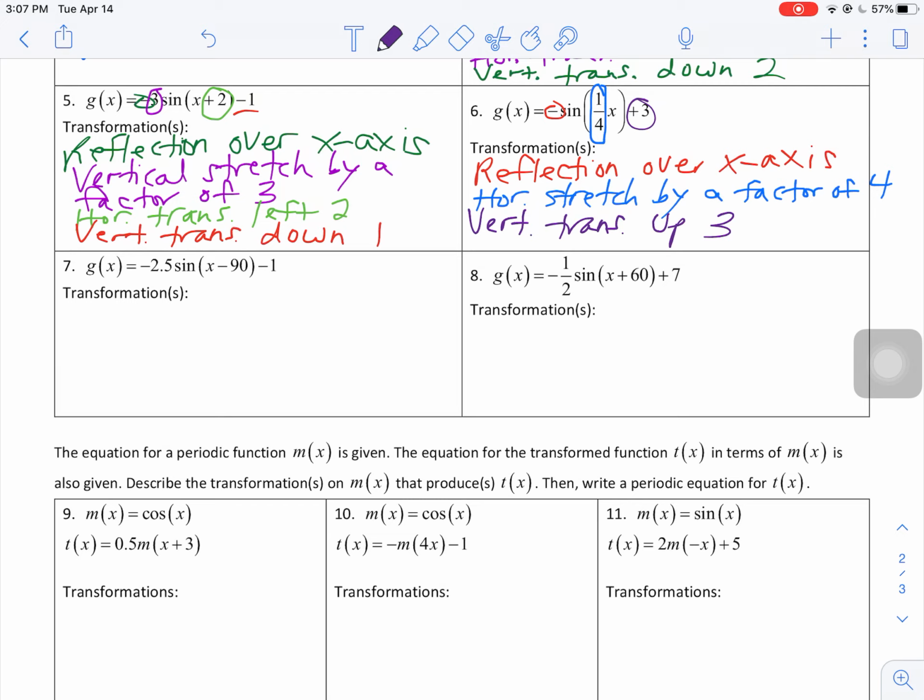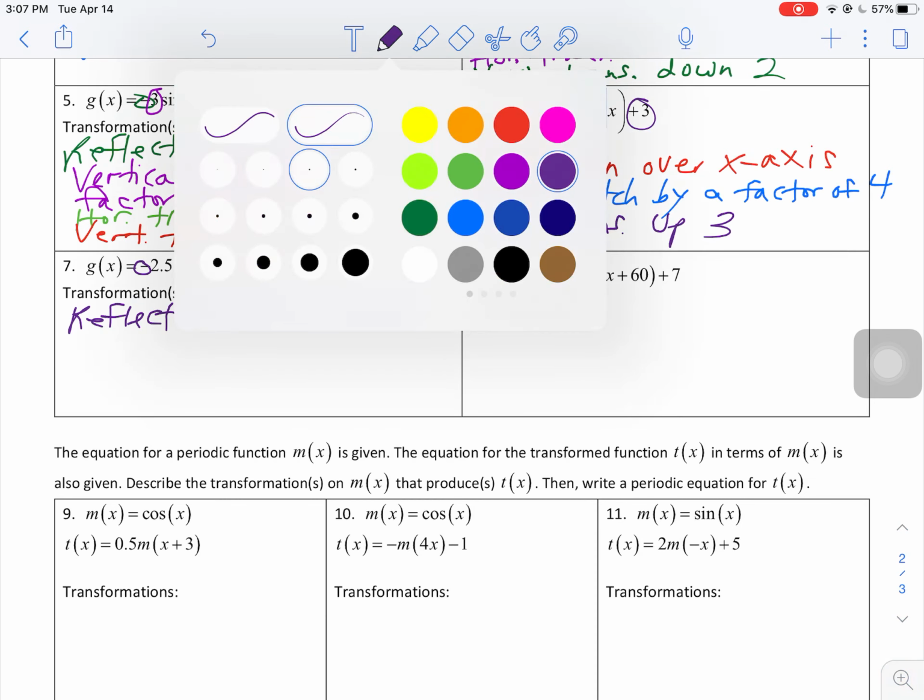Pause the video, try 7 and 8. On 7, that negative sign is your reflection over the x-axis. That just means the whole function, the whole graph, flips upside down, basically.